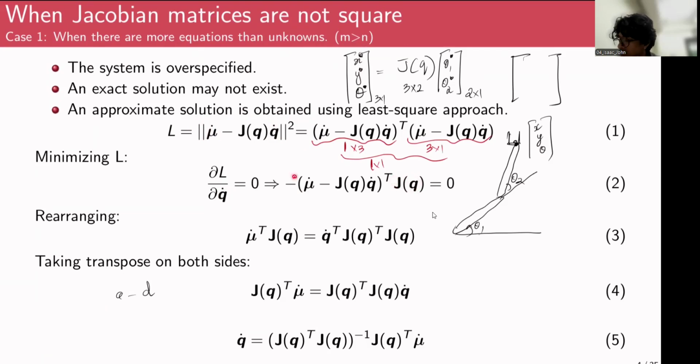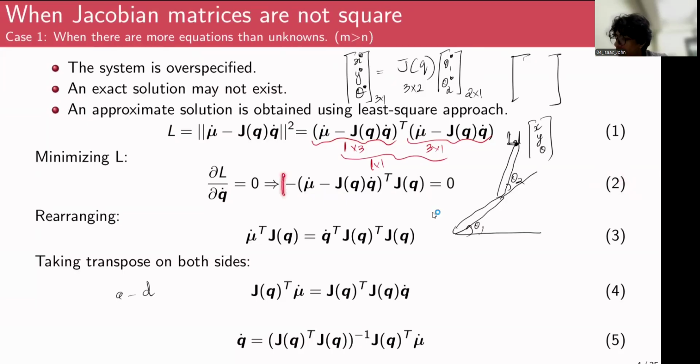So there should be a 2 here, but since there is an equal to 0 on the other side, you can omit the 2, or even ignore this minus sign as well. So essentially, the derivative of this expression is nothing but this, as per equation 2.